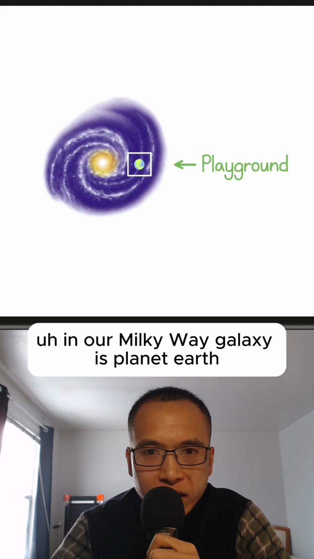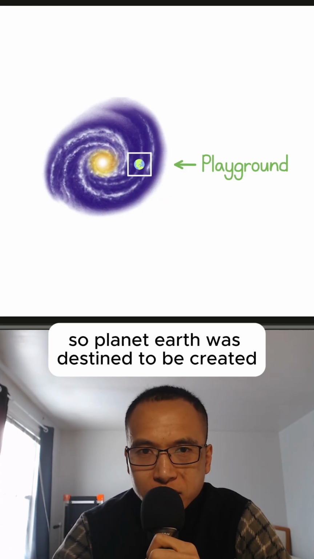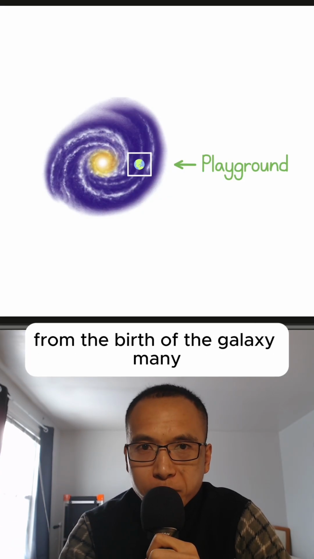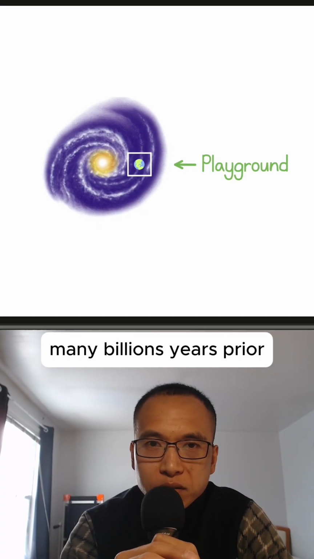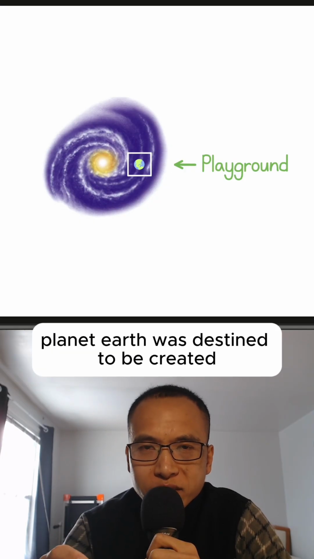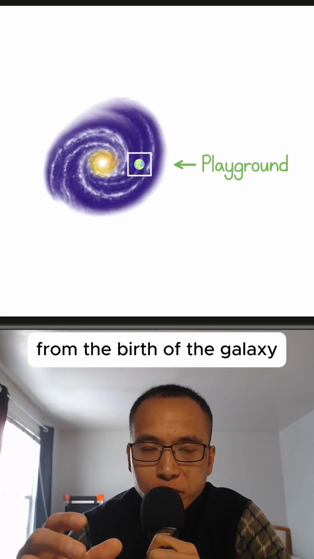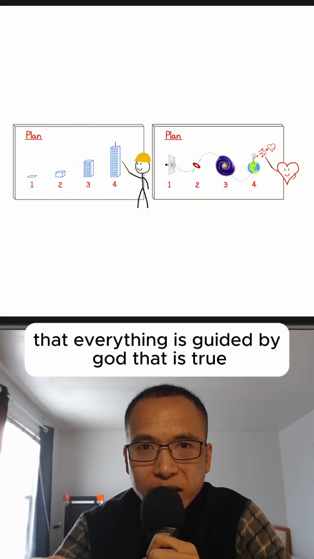In our Milky Way galaxy is planet Earth. So planet Earth was destined to be created from the birth of the galaxy many, many billions of years prior. So this saying that God does have a plan, that everything is guided by God, that is true.